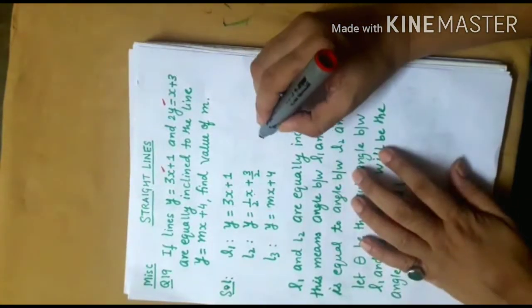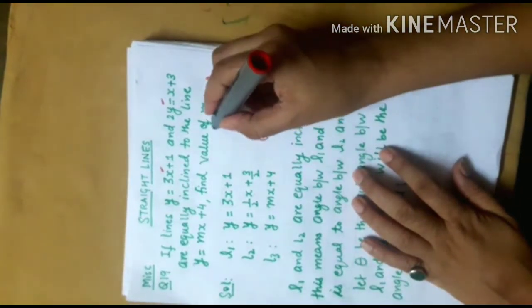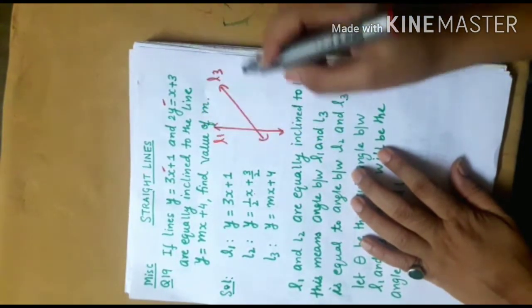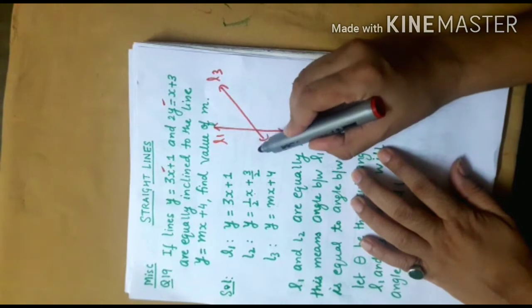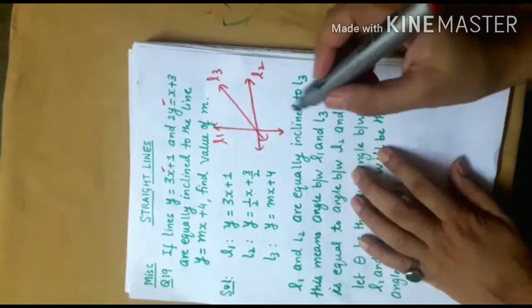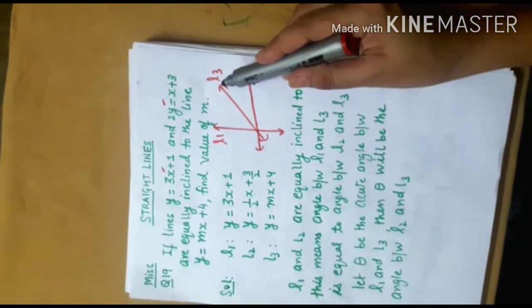That means if this is the line L3, this is L1, suppose, and this is L2. L1 and L2 are equally inclined to L3.